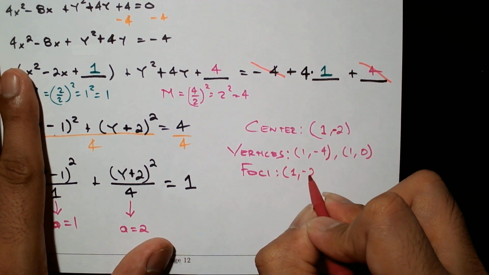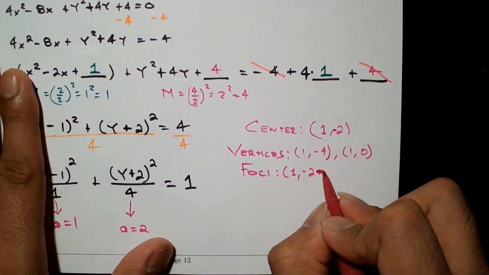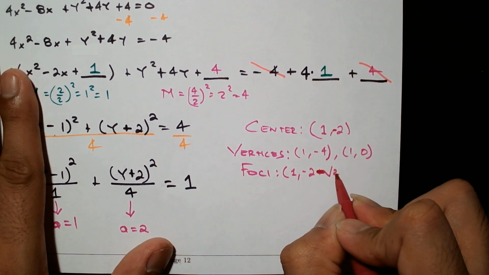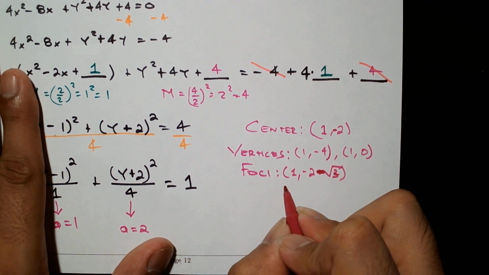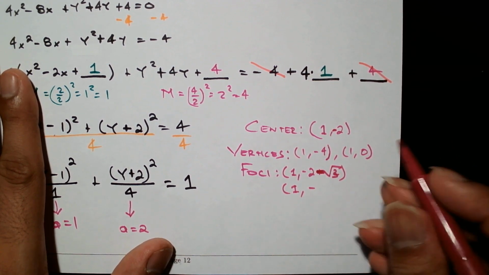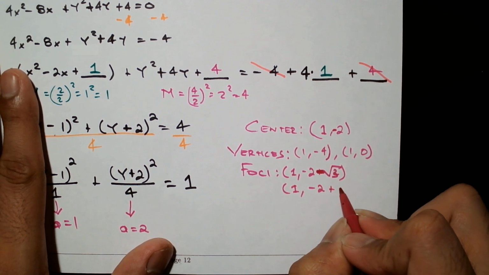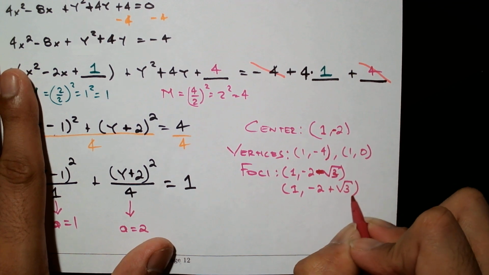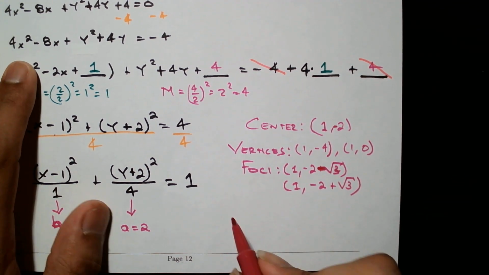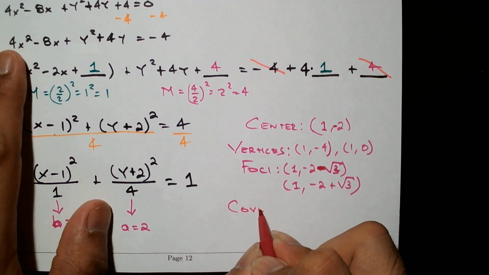1, negative 2 plus, actually, if I'm going to do the minus here, minus root of 3, and 1, negative 2 plus root of 3. Okay, and co-vertices, well, in this case, these are nice numbers.